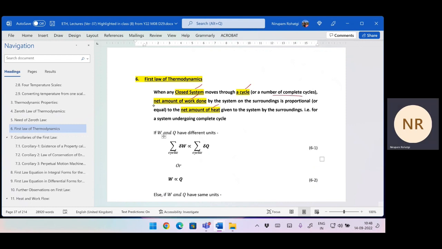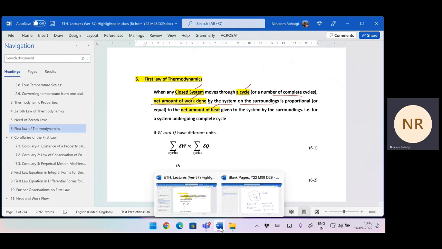Then we talk about net amount of work done by the system on the surrounding. So we are talking here the work which the system is doing on the surrounding. And we are talking about net. That means your work can flow in both directions. Okay.